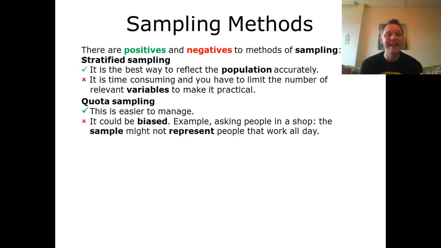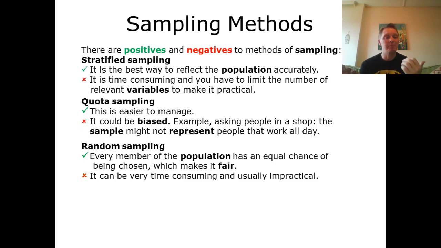On the quota sampling, it's very easy to manage and to do, but it could also be biased, in which case, when we're talking about experiments, we want to be moving away from any form of bias to be as fair as possible.